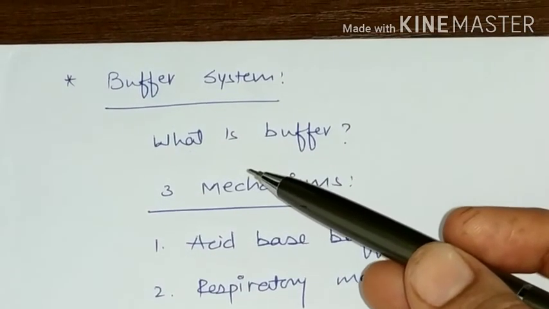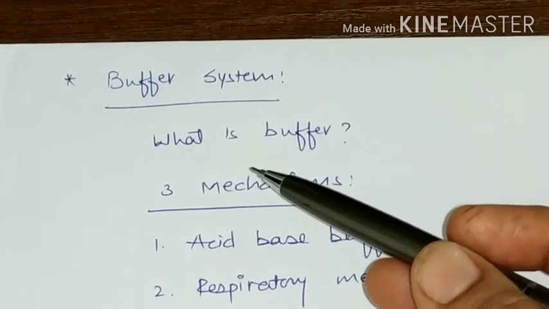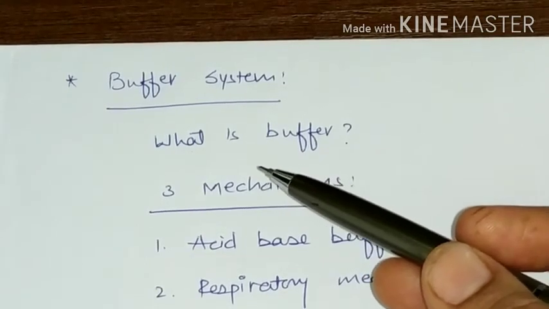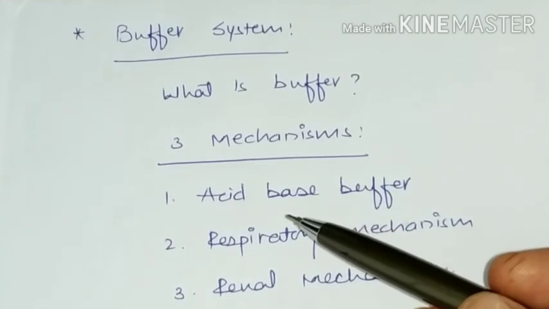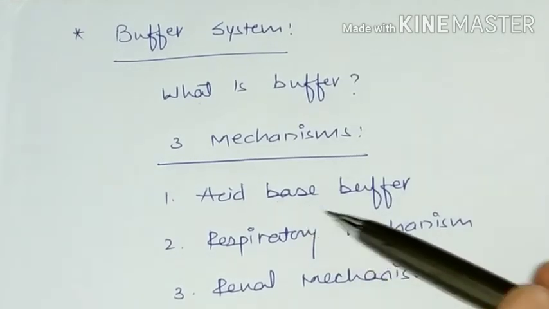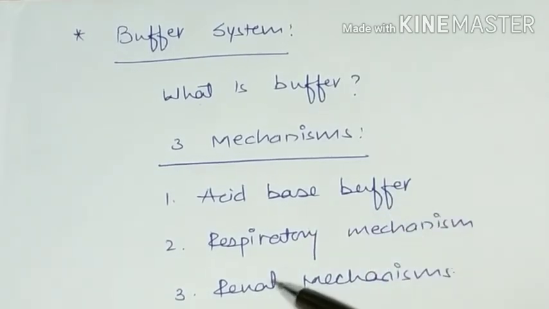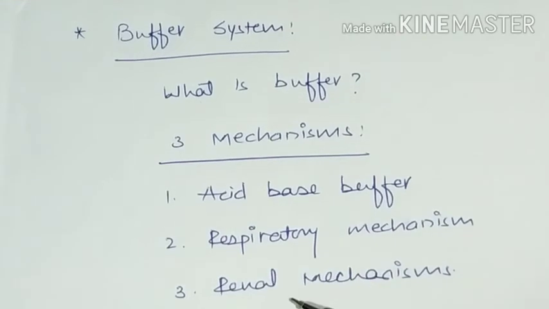Buffer systems maintain pH by binding with free H+ ions. In our body, we have three main buffer systems: acid-base buffer, respiratory mechanism, and renal mechanism.